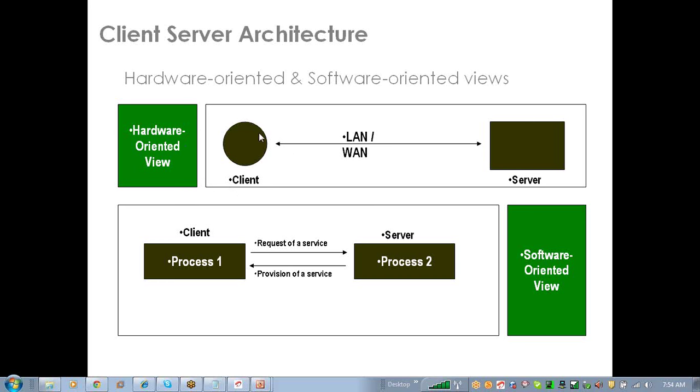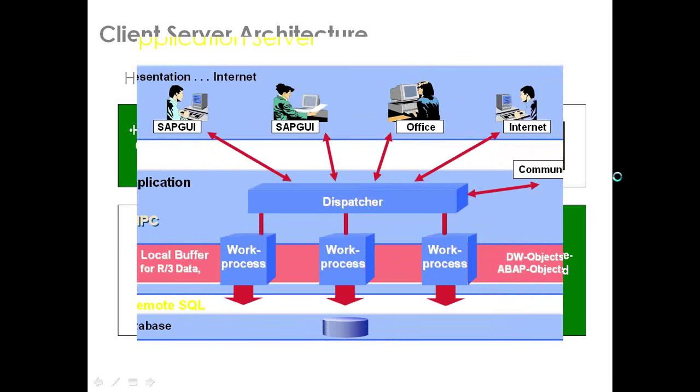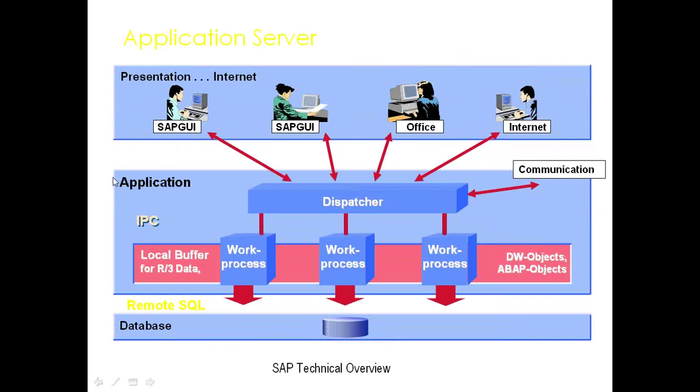So to achieve this, they introduced one middle layer in between them. They made it a 3-tier architecture. See here, that middle layer is the application layer. Now I am explaining the terminology. The presentation layer is nothing but the client here.